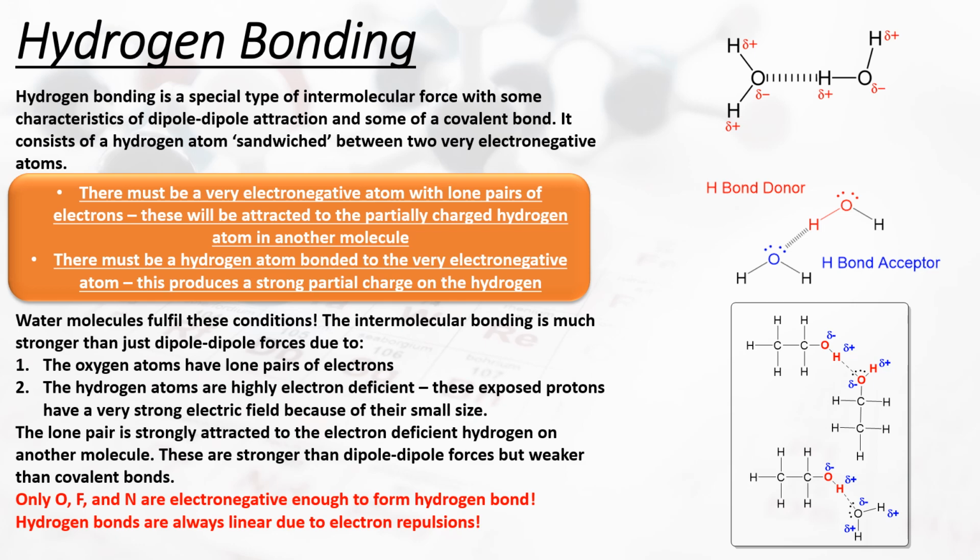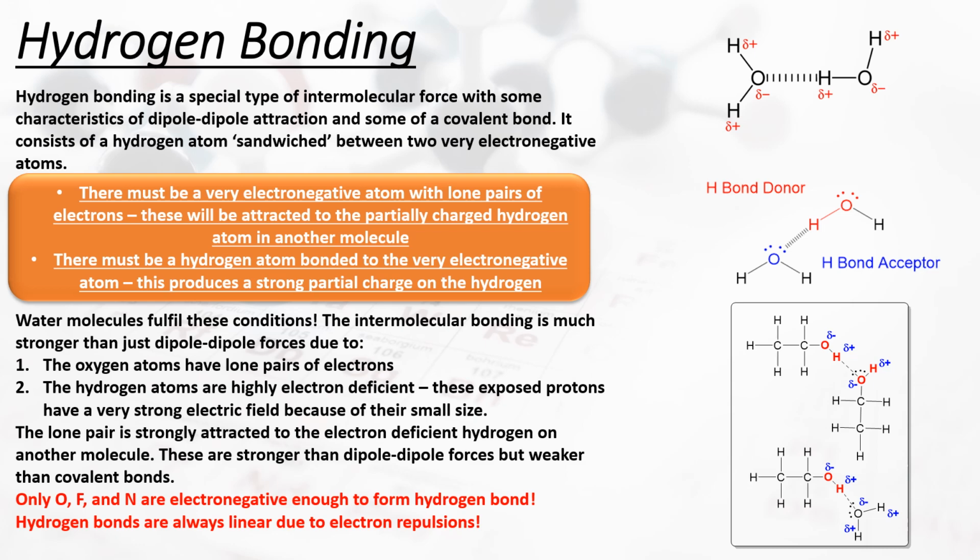When we're drawing out hydrogen bonding, it's always really good to draw out all the partial charges, so all the delta positives on the hydrogens, the delta negatives on whatever the electronegative atom is, in this case the oxygen. It's always very good as well, shown in the bottom example here, to draw out the lone pairs, because the lone pair essentially is what is being attracted to the hydrogen.